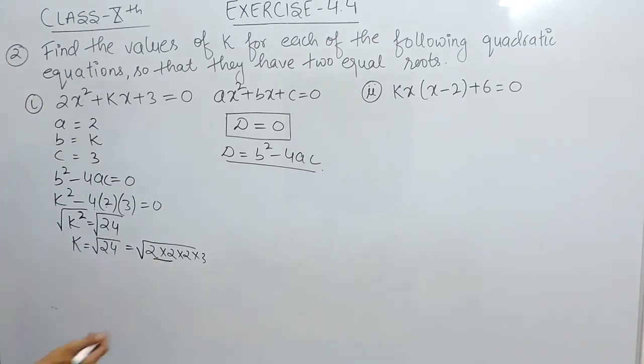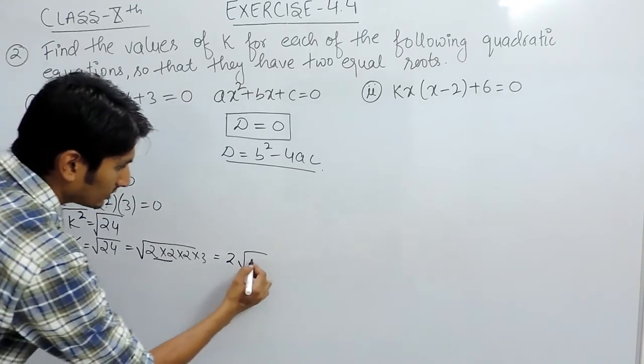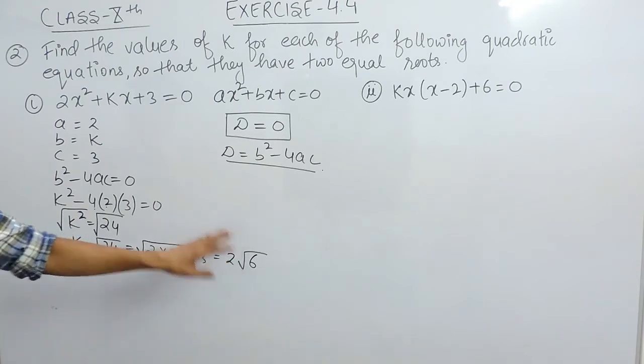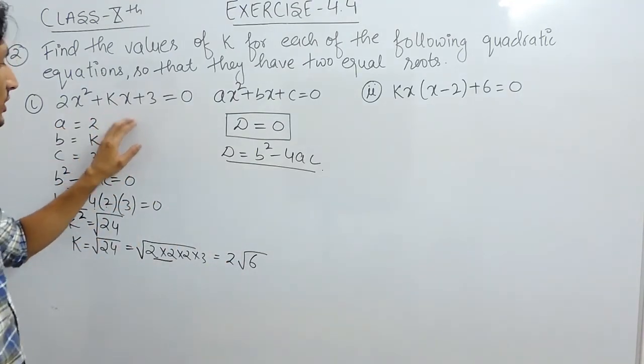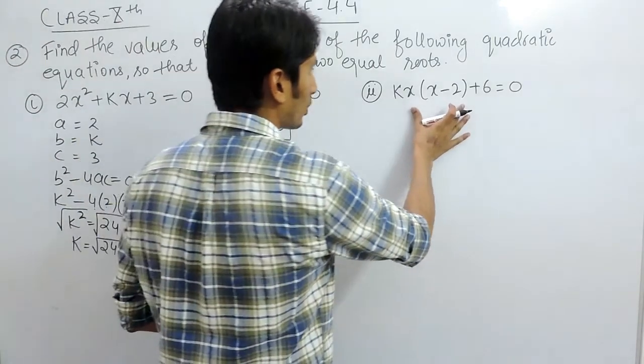We can take one pair out, so 2 under root, and only 3 will remain inside. Wait, only 6 remains: so the value of k will be 2 root 6 for this particular equation if the roots of this equation are equal. Similarly, you can solve the other one also.